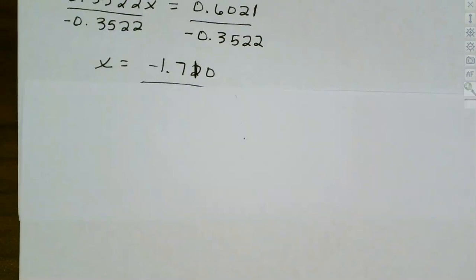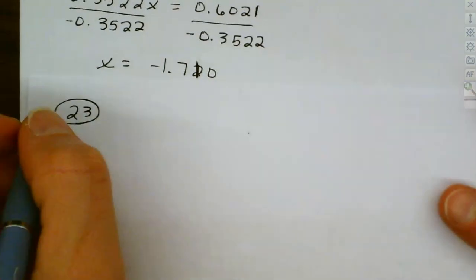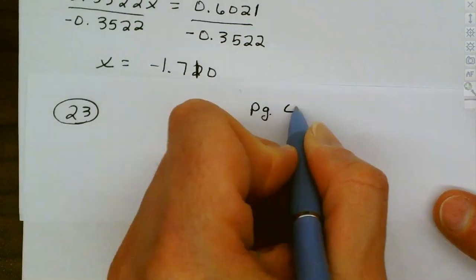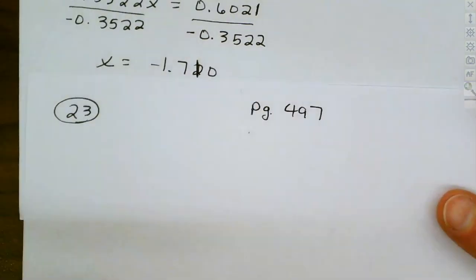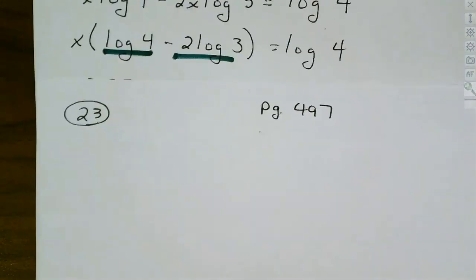Similar to it, let's look at a question that has an e in it. So how about question 23? And this is page 497. This one was 496, yep, no problem.